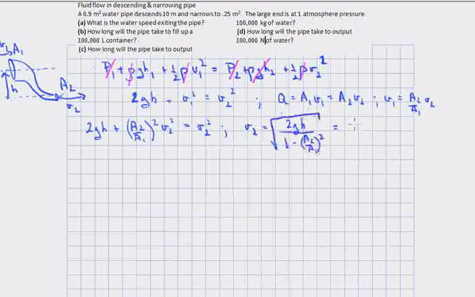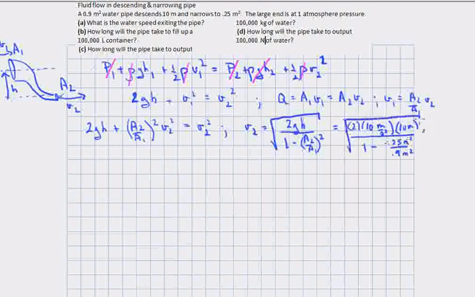So that's going to be equal to 2 times, approximating G with 10 meters per second per second, the drop here is 10 meters, that's this drop from the output end to the input end, divided by 1 minus 0.25 meters squared over 0.9 meters squared, square root of that.